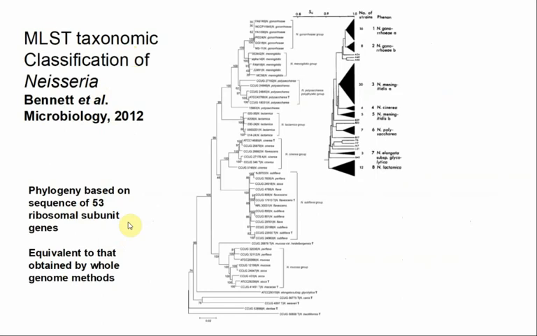So what do you get here? Okay, you've got the gonorrhea group there, the meningitis group here, the polysaccharea group there, and the Sneath group over here. So in fact, the result there, the one that looked strange, is actually wrong, because these Neisseria cinerea are not genetically similar to the meningitis group at all.